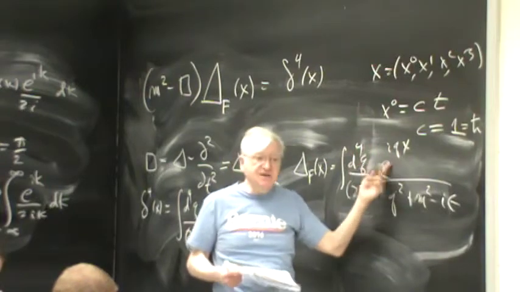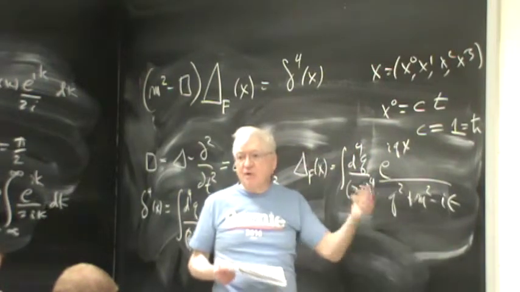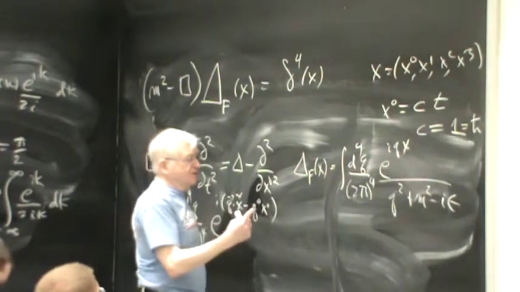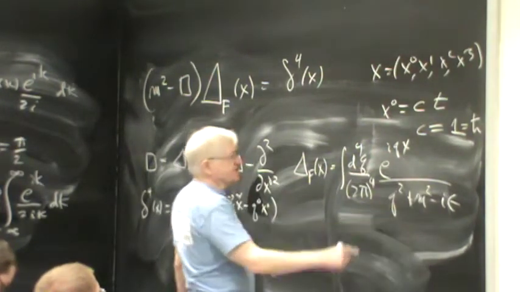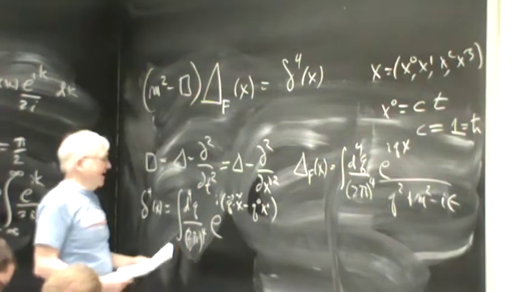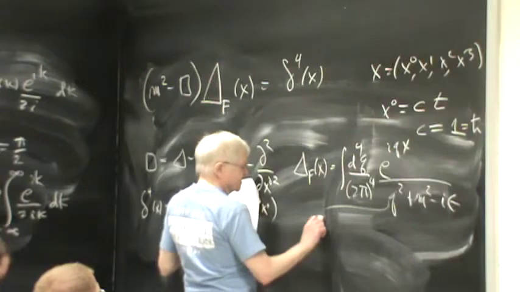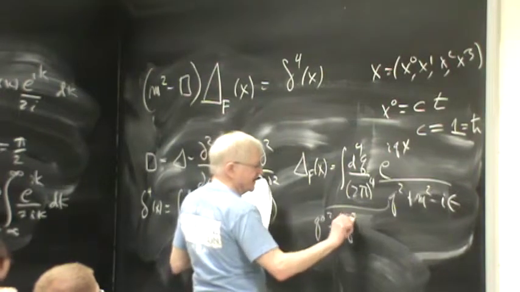So they bring down iq0 squared, or iq1 squared, or iq2 squared, or iq3 squared, and so forth. And they do it in such a way as to give us q squared, and this particular q squared is q0 squared minus q vector squared.